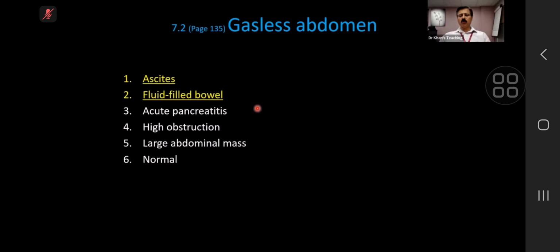The examiner can show you a film in which there is gasless abdomen, but the clinical will be the patient has got acute symptoms. So these are the causes of a gasless abdomen. Fluid-filled bowel is what we are talking about. So the patient has got complete obstruction, but it is full of fluid. That's why there is no gas. So remember this.